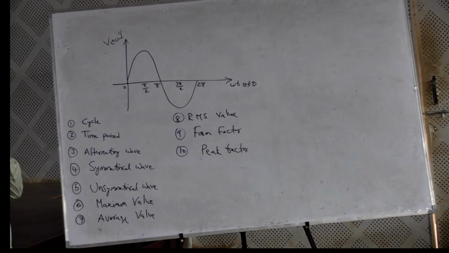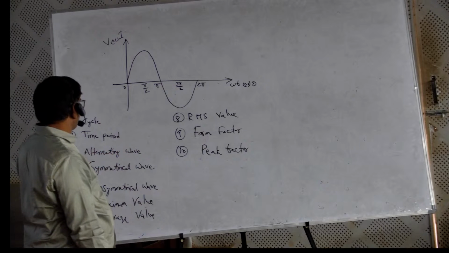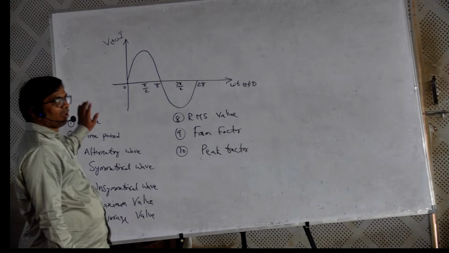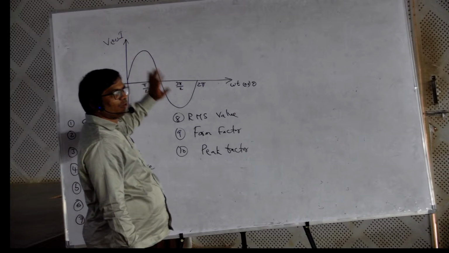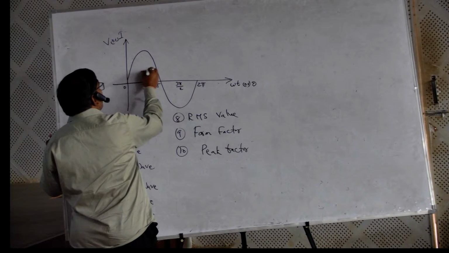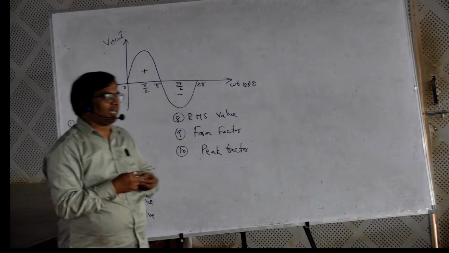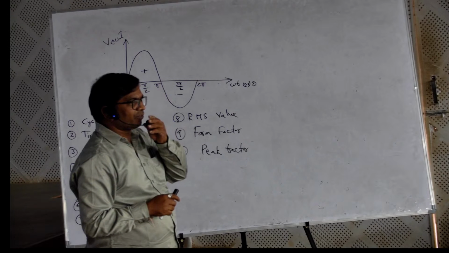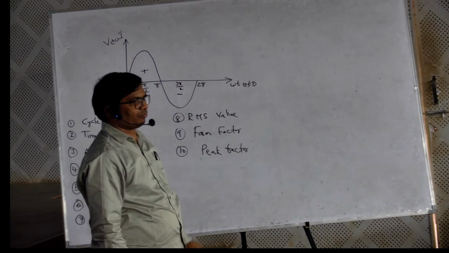Now here, what is meant by cycle? Actually, we are saying it is a wave. What is the meaning of wave? Wave means it has magnitude with respect to time.